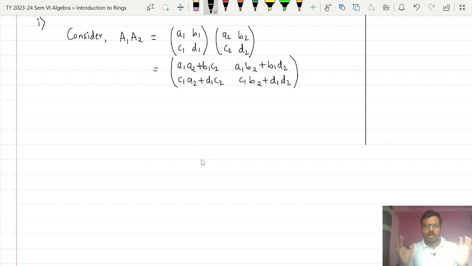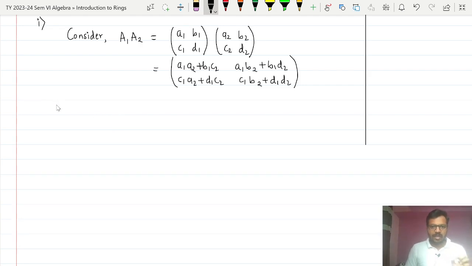There is no doubt that this is a 2 by 2 matrix with real entries, because all the ai's, bi's, ci's and di's are real numbers. The only question is whether the sum of these two entries is equal to the sum of these two entries. If we are able to show this, then we will conclude that A1 multiplied by A2 will be a member of S.